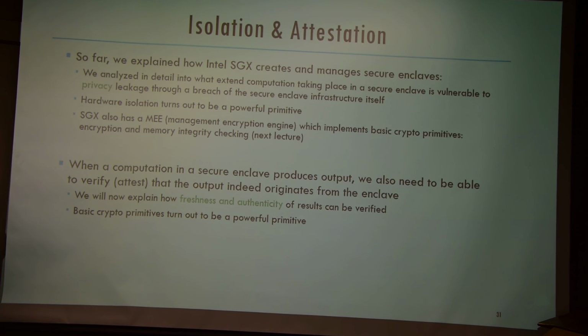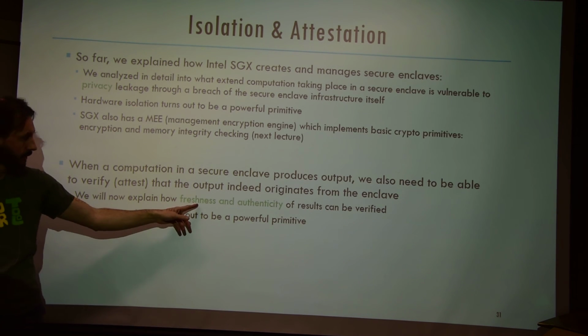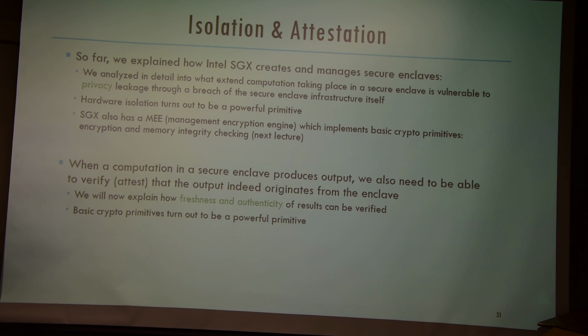So we have that, and we also need to make sure it's fresh. You can of course always send an older version of what was computed in that particular enclave, but I also need to make sure it's the most recent one, or the one that I'm interested in.